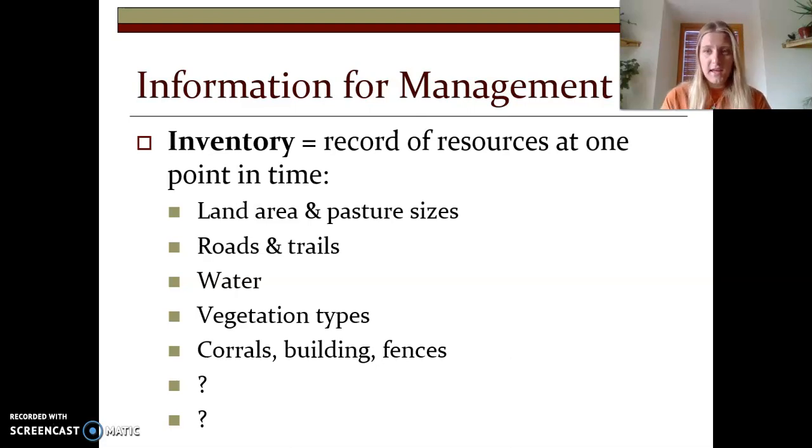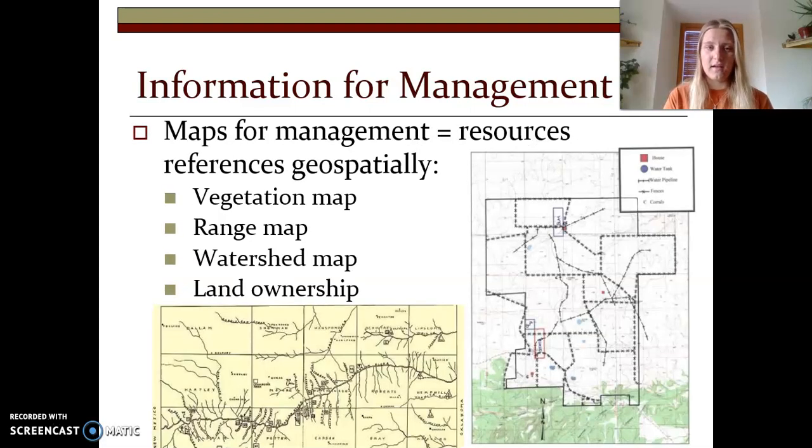Inventory is really key in rangeland management. This is just like any inventory, it's a record of resources at one point in time. In the case of rangeland management, we're talking about land area, pasture sizes, roads, trails, water, vegetation types, corrals, buildings, fences, all those sort of things that are available on the land or have been used with the land.